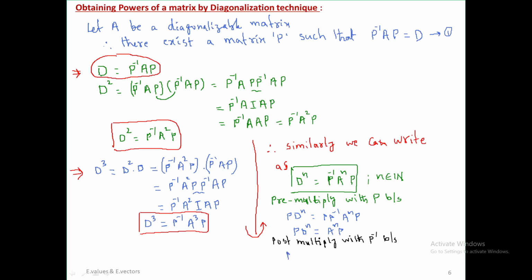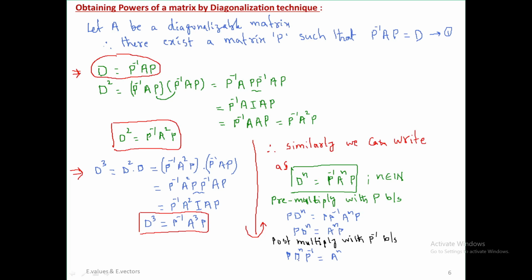P into D power n into P inverse. This is post multiplication, which is equivalent to A power n into P into P inverse, which becomes identity matrix. Directly I'm writing A power n. So finally, A power n is nothing but P into D power n into P inverse.